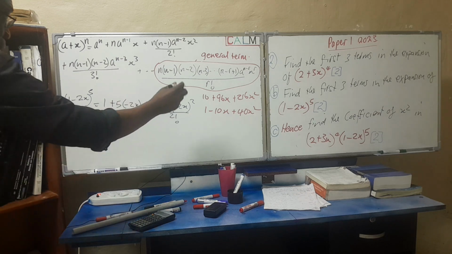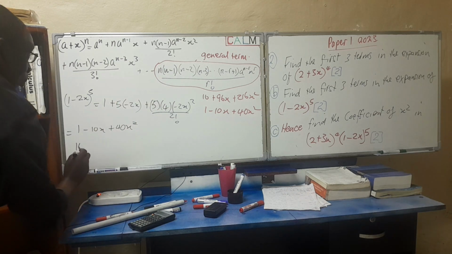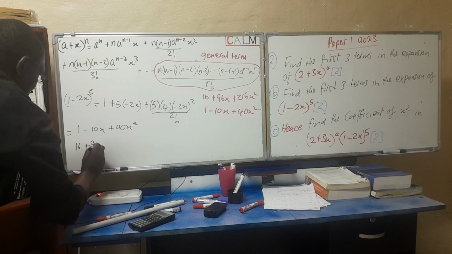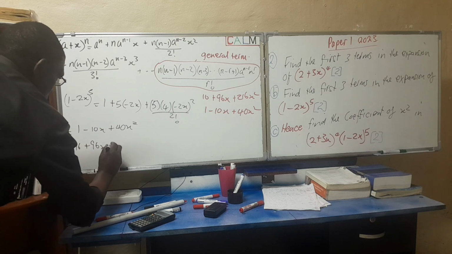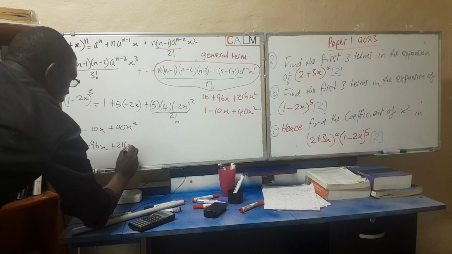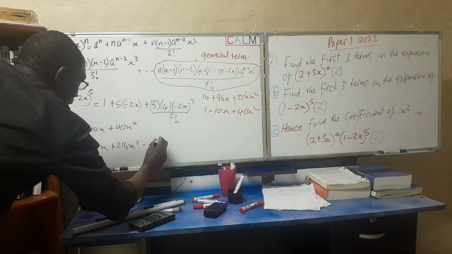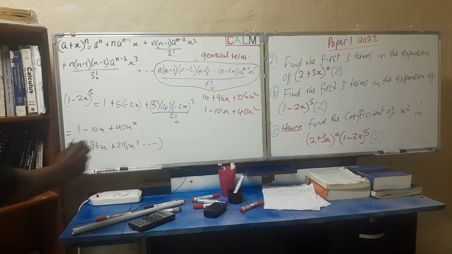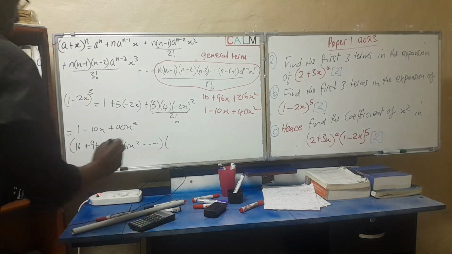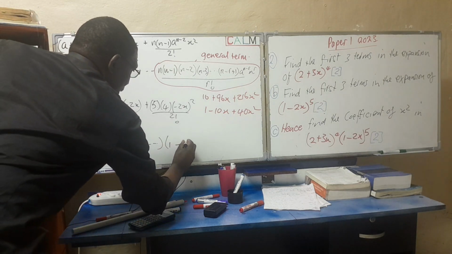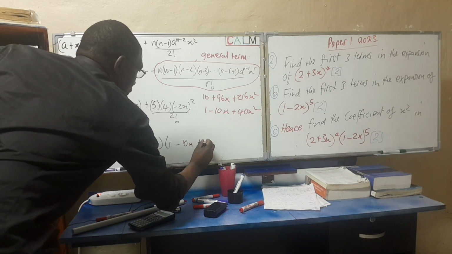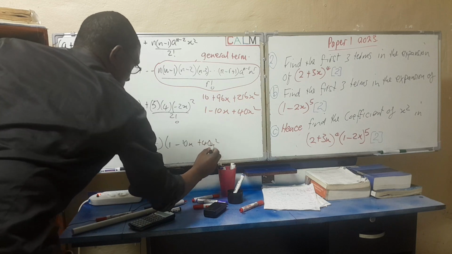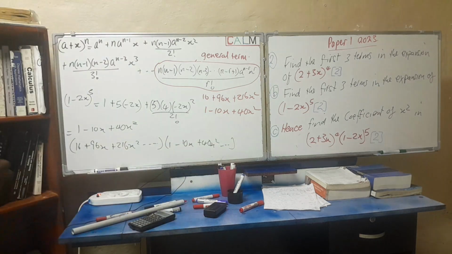So starting with that one there, we have 16 plus 96x plus 216x squared, close our bracket, multiplied by 1 minus 10x plus 40x squared, all the way there.